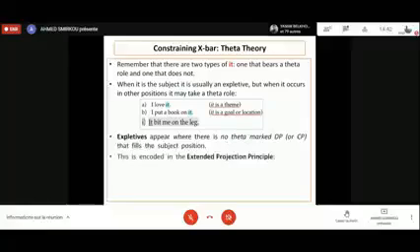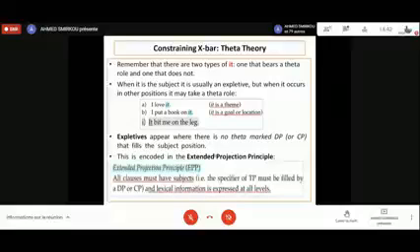So expletives appear where there is no theta-marked DP or CP that fills the subject position, which means if there is no subject, this it is inserted. Now we understand why this it is inserted. It is inserted because there must be a subject, and this is called the Extended Projection Principle. This is the last point to cover.